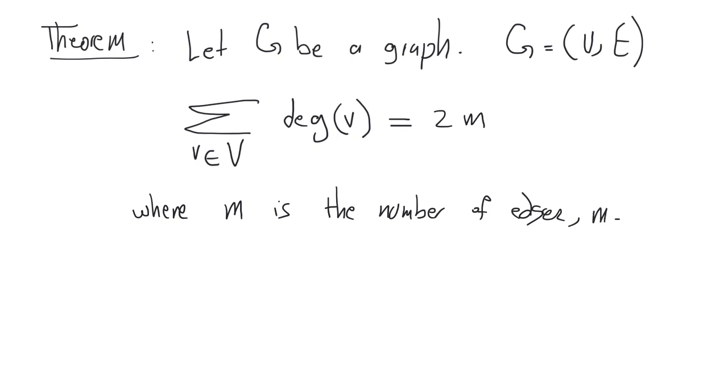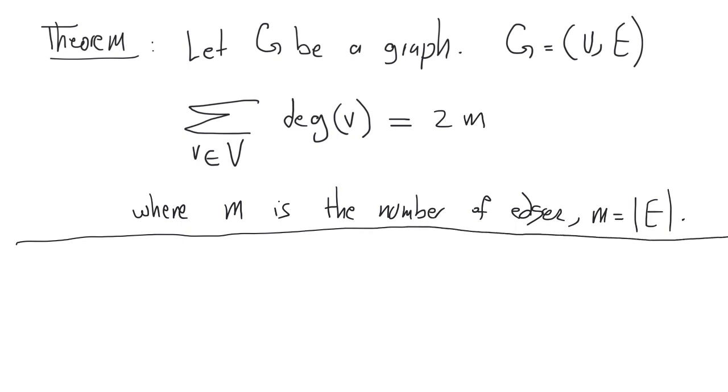In other words, M is the cardinality of the set. So the proof is actually very, very simple, and you should perhaps already see that this is true, because each edge in a graph, let me draw here, each edge contributes 2 to the degree.